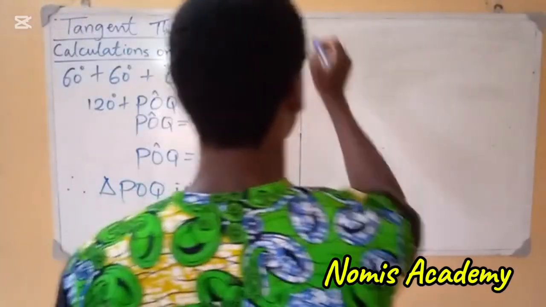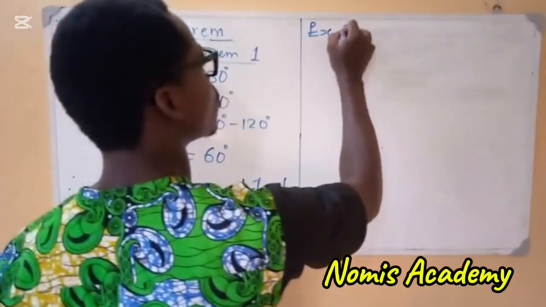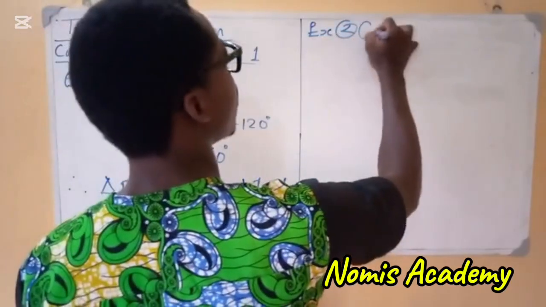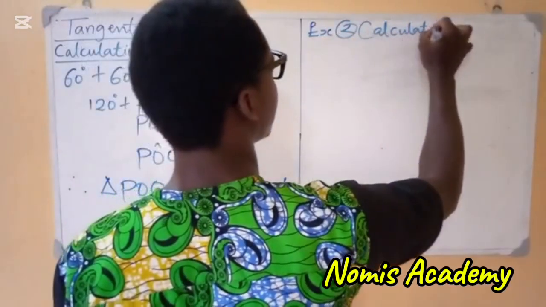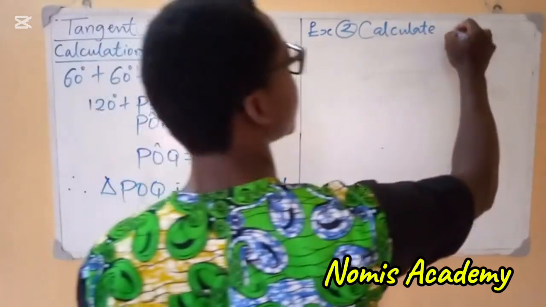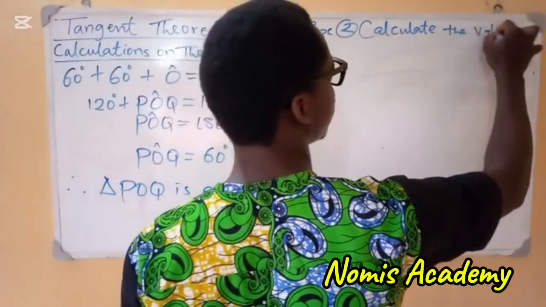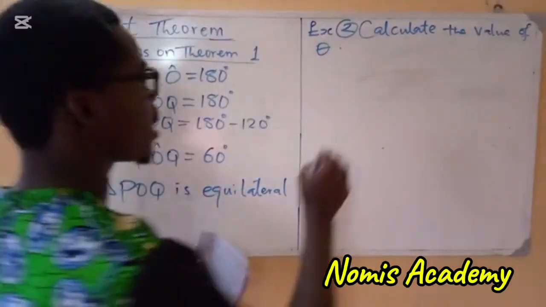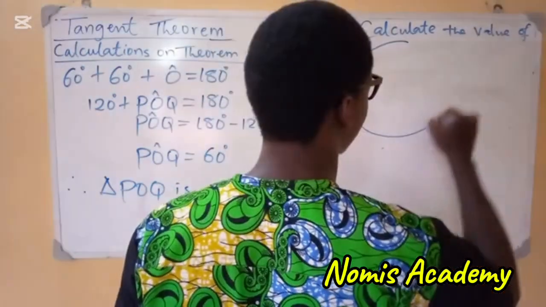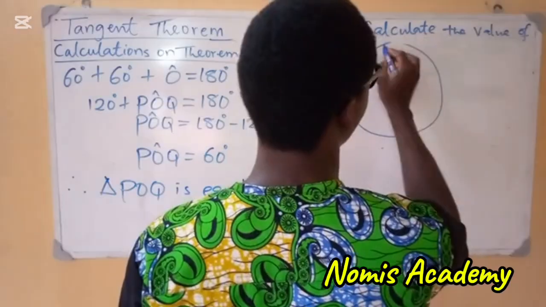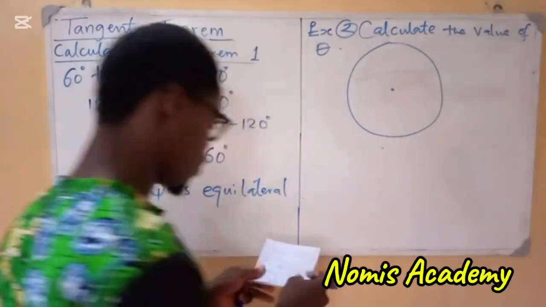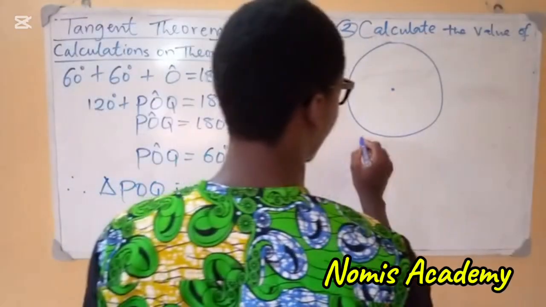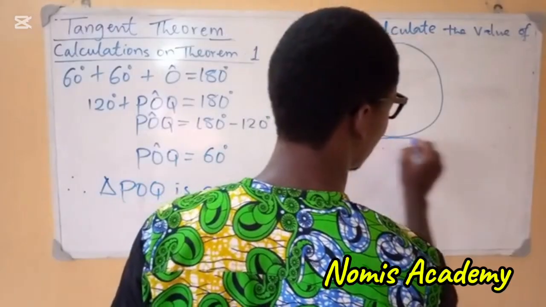Okay, we have example 2. Calculate the value of theta in the diagram. Okay, we have the diagram like this. We have a tangent this way.